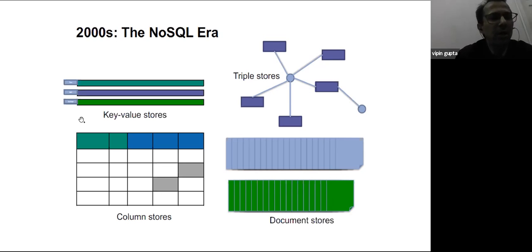One of the most popular key-value databases is Redis, which is used by Twitter. Twitter uses Redis as a NoSQL database of key-value type. Then we have the triple store, or sometimes we call this a graph database.